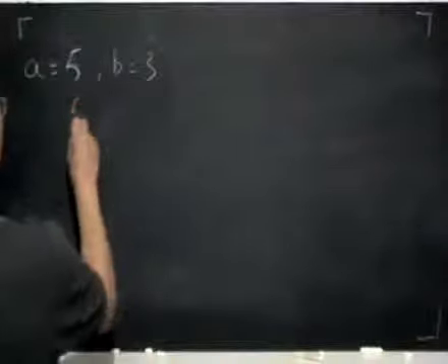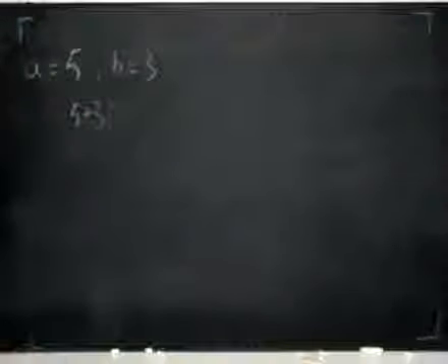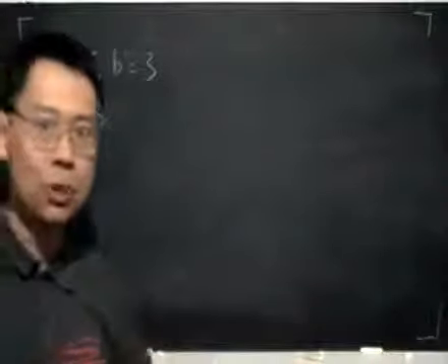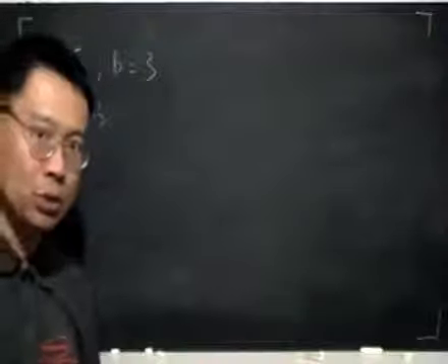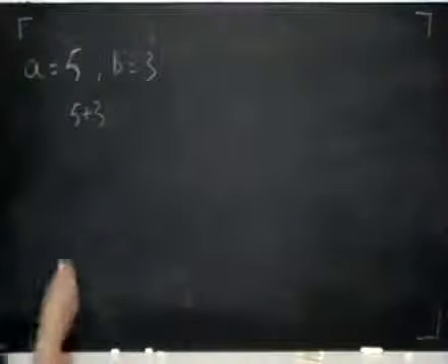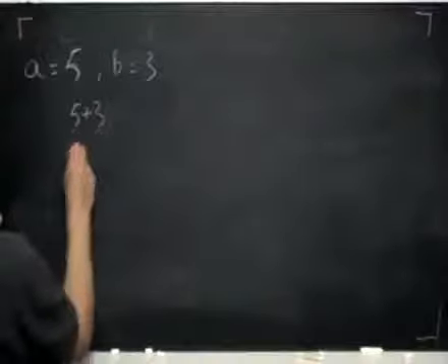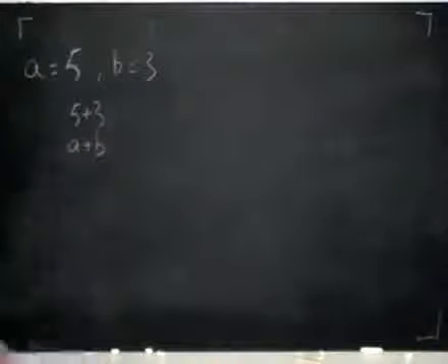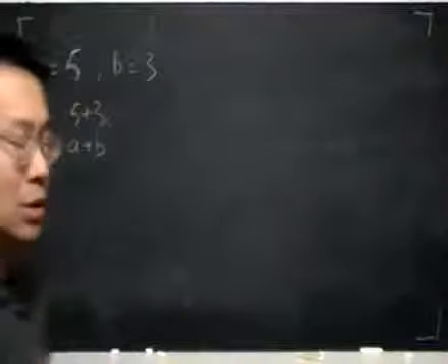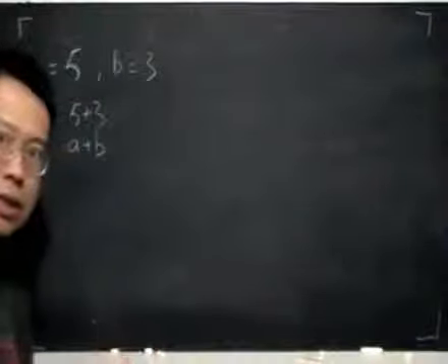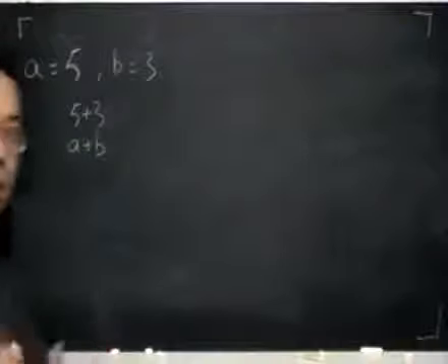Normally, I can just say 5 plus 3. Now in algebra, we can also use the symbols. We would say A plus B. So A plus B really means, in this case, the same thing as 5 plus 3.